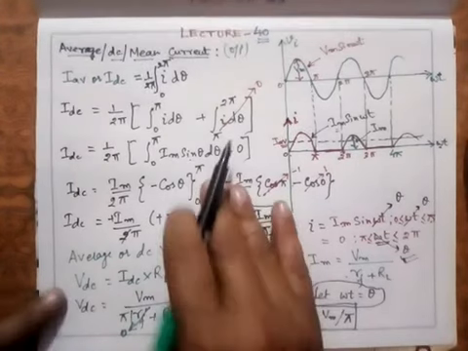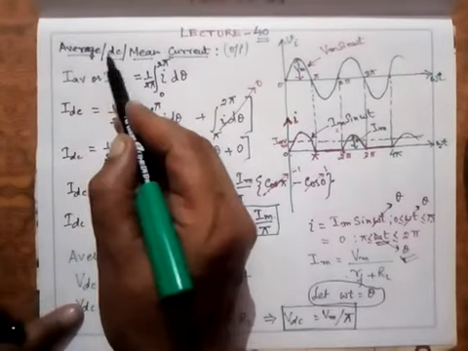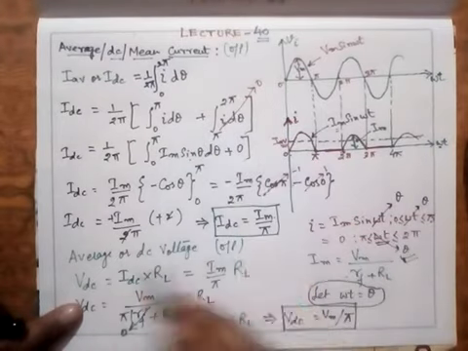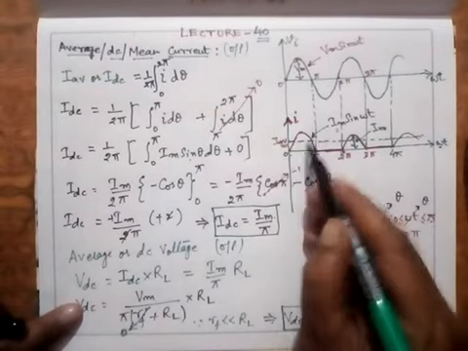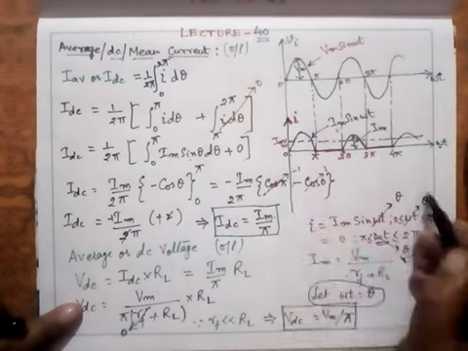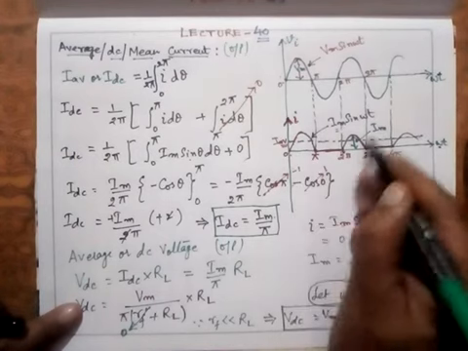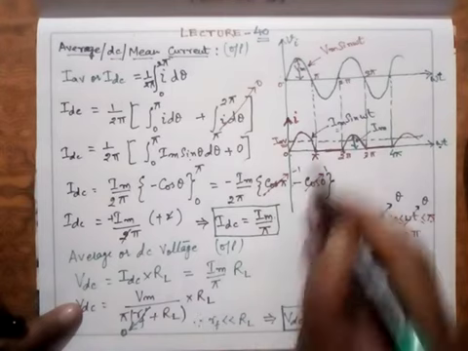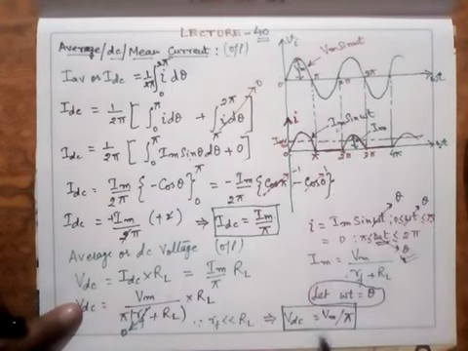So this is the average output current and average output voltage, or I can say the average value of the output current, or I can draw the voltage signal for this output voltage, and the average value of that voltage will be equal to VDC is equal to Vm by pi.